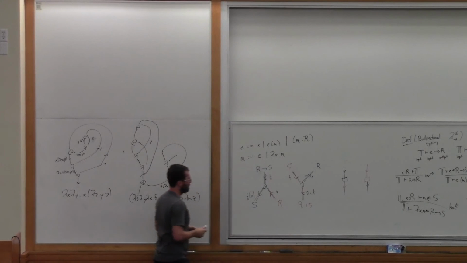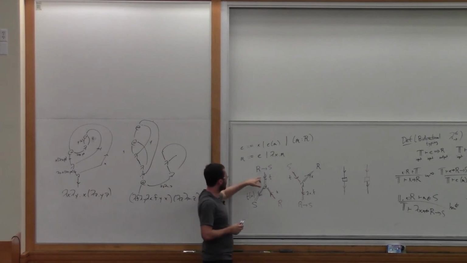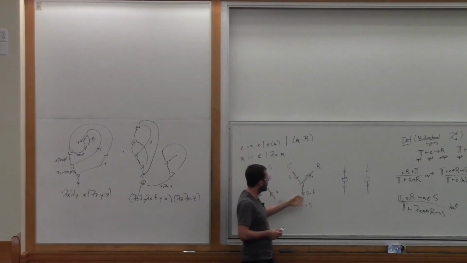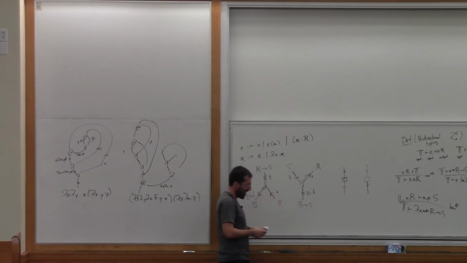So here the function is supposed to have type R arrow S. The argument is supposed to have type R. The result is going to have type S. For lambda abstraction, the variable has type R, the term has type S, and then the lambda abstraction has type R arrow S.